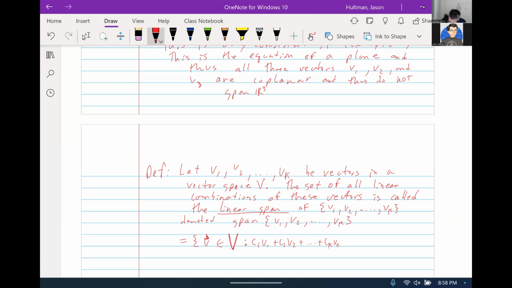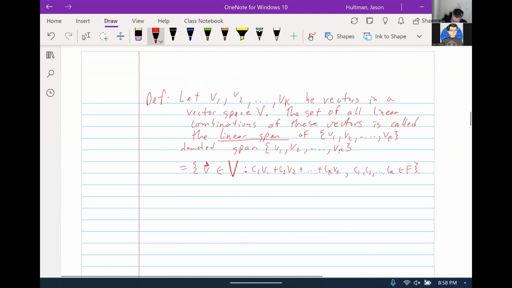Okay, so v is an element of V such that that is correct, and c1, c2, dot dot dot ck are all elements of F. Okay, so they're all real numbers. So we just denote it as this, it's the span.